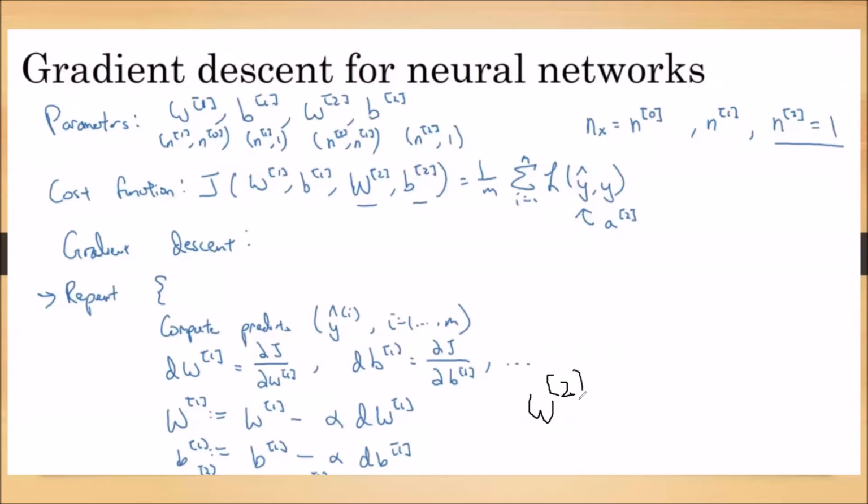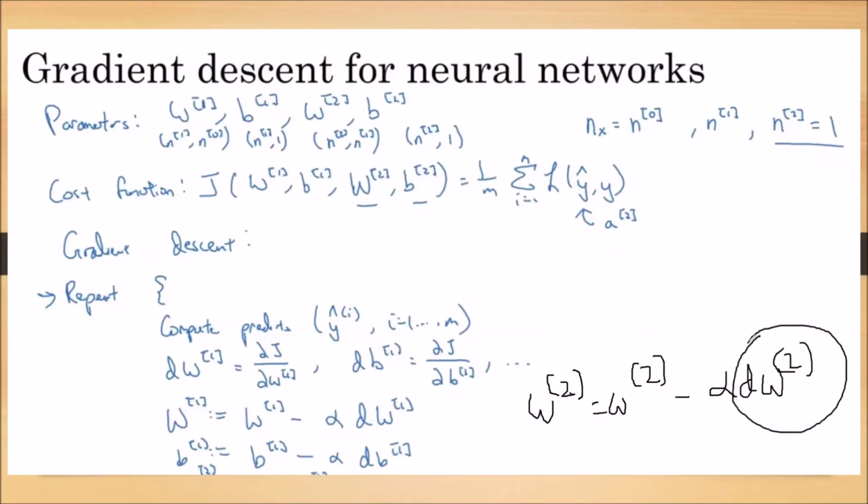This W superscript 2 will be updated as W2 minus alpha dW2. So W2 is updated as W2 minus alpha into the differentiation of the cost function with respect to dou W2.